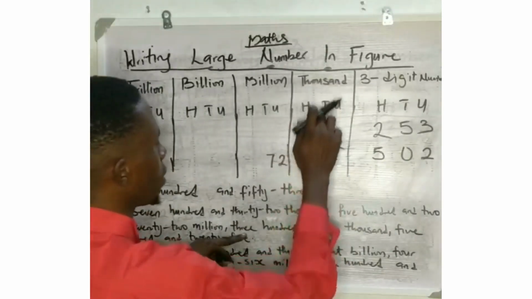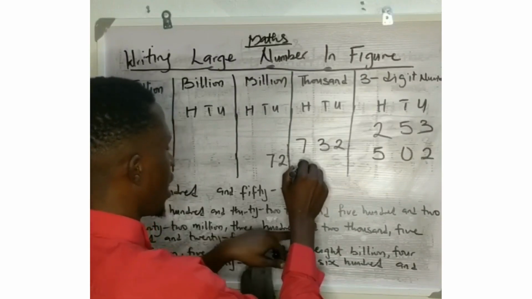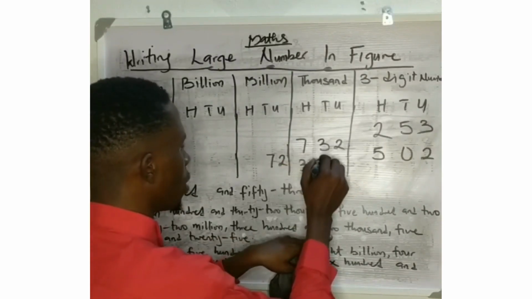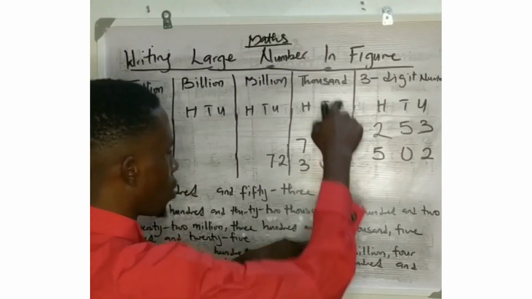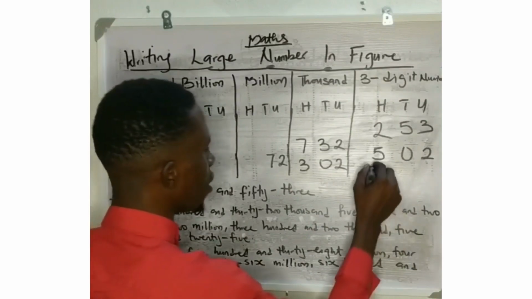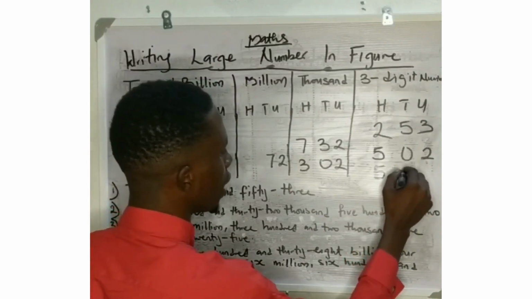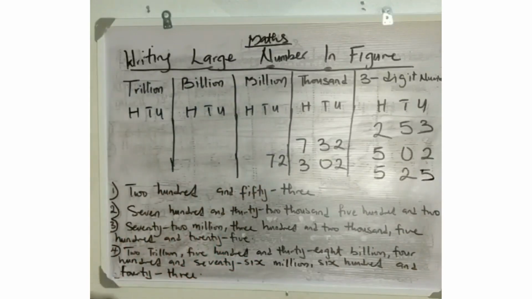You look for thousand, look at it. 300, 3 is under 100. 302: you have 0 and 2. Then 302,525. 525. So now let's go to number 4.